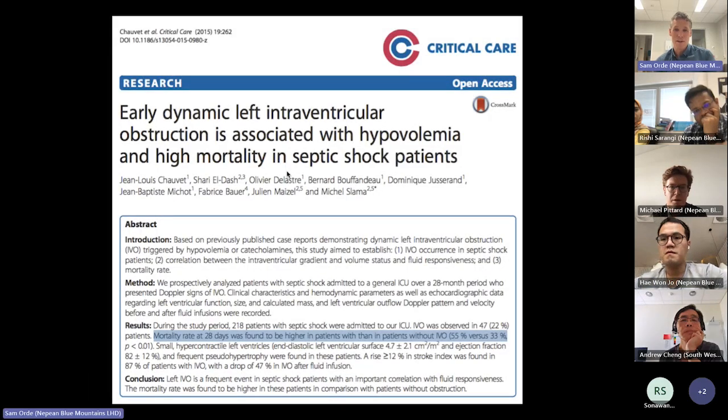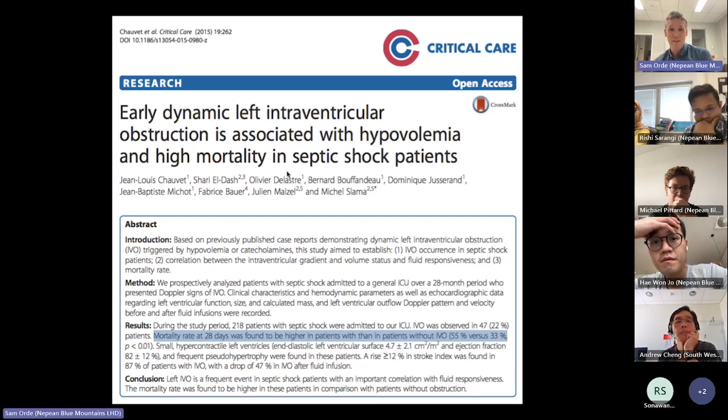And this reminds me of one of my favorite papers done by Michel Slama and his group, where they looked at patients with septic shock, and they were looking for interventricular obstruction, IVO, and they were considering that to be a marker of potentially hypovolemia or excess catecholamine use.